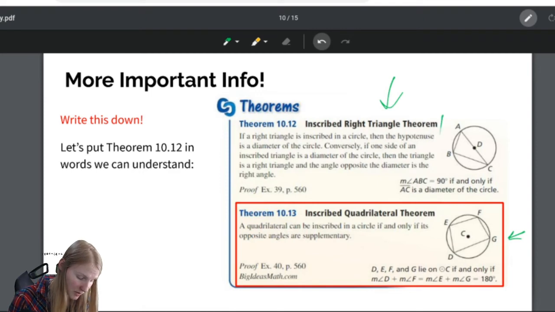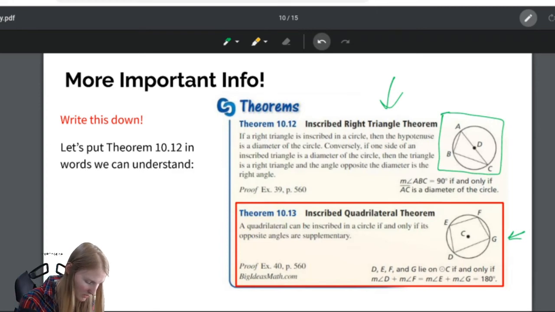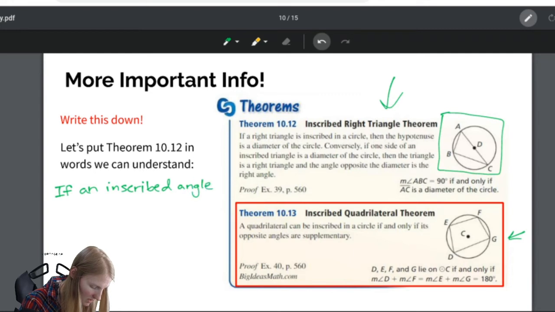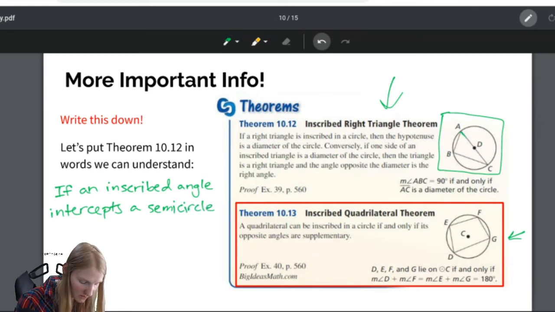I want you to put this picture in your notes, and we're going to say, if an inscribed angle intercepts a semicircle. Remember, a semicircle means that we have a diameter.